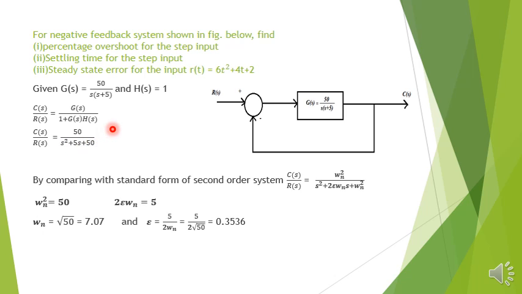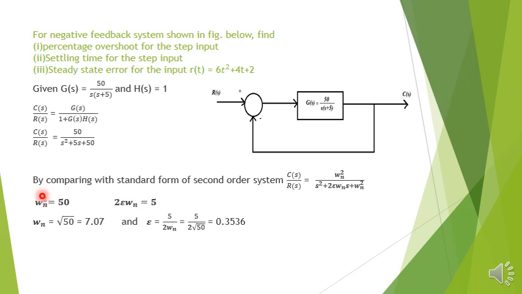Now to obtain zeta and omega n, we need to compare this system transfer function with the standard second order transfer function. By comparing, we get omega n square equal to 50, that is this constant value, and 2 zeta omega n equal to 5.